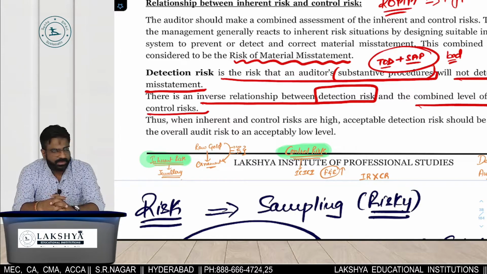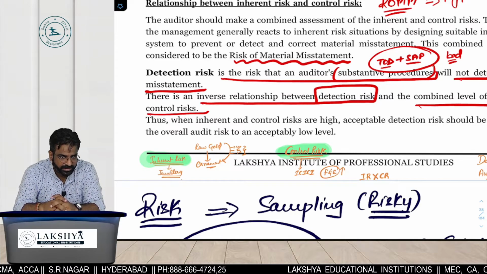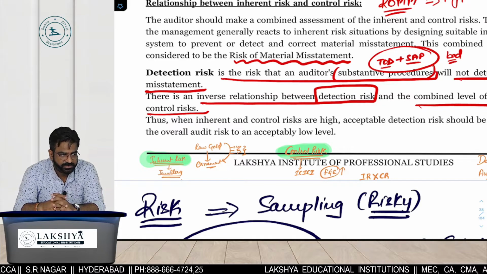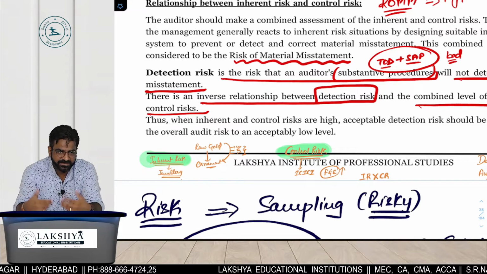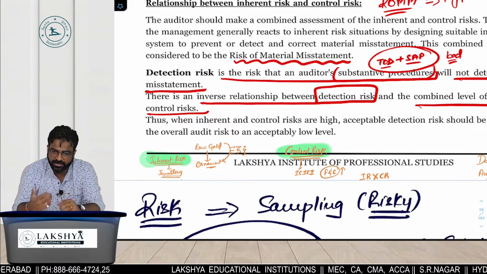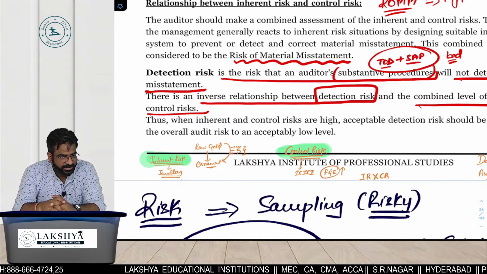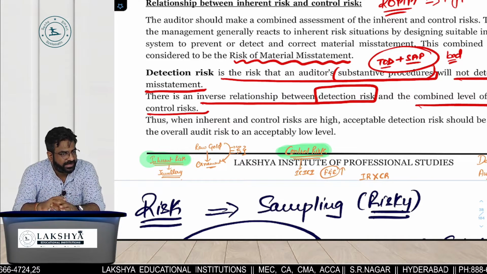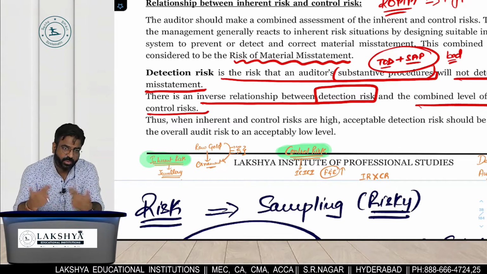The relationship between IR, CR and DR. Can anybody explain the way I explained it to you? I hope you all understood now. Now try to regenerate the same scenario, how I told you. If you are going to a client place where IR and CR is higher, it means his ROMM is higher.